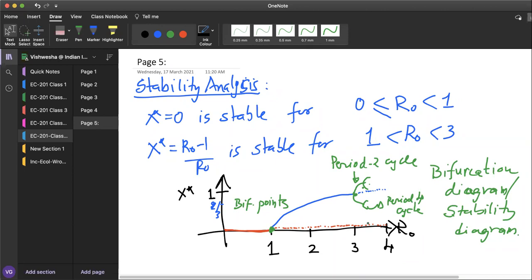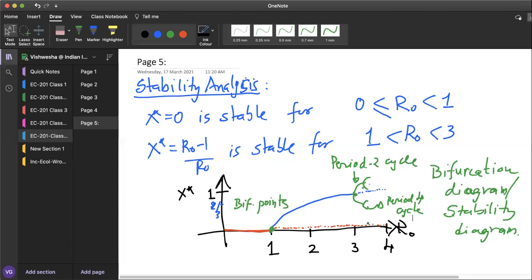So I mean, after 4, there is extremely chaotic behavior, and the model just doesn't work. So what do you mean by model doesn't work? What I mean is that it loses any biological significance it had. You think it loses any biological significance?